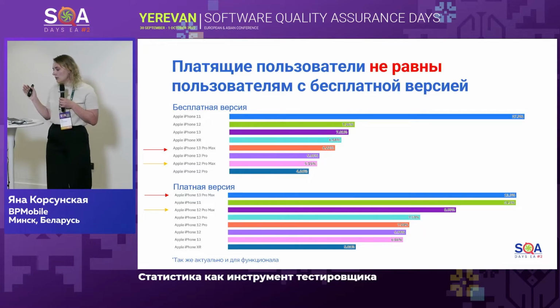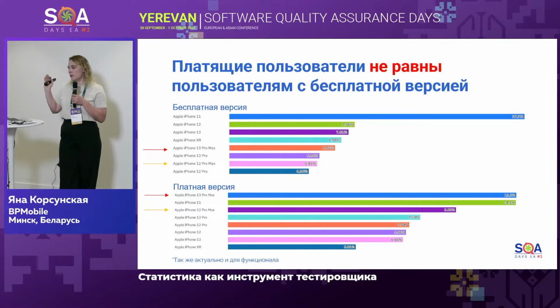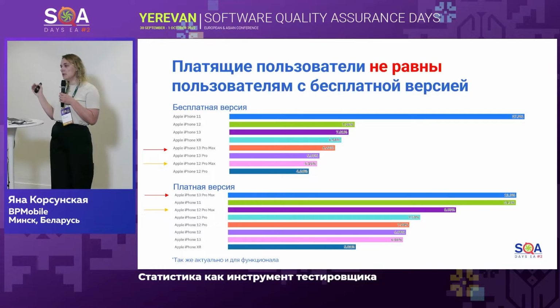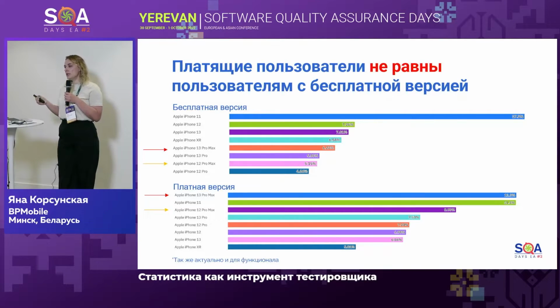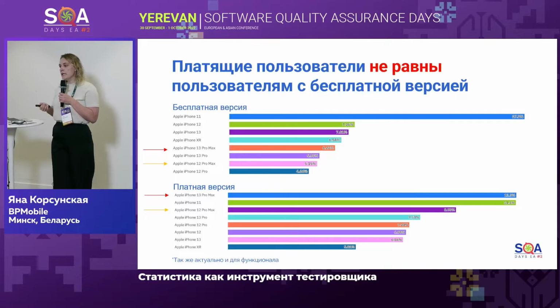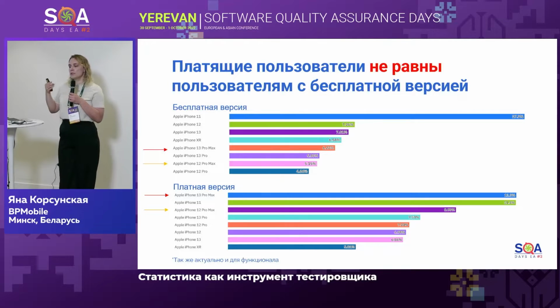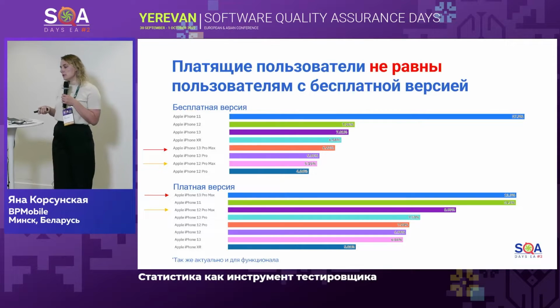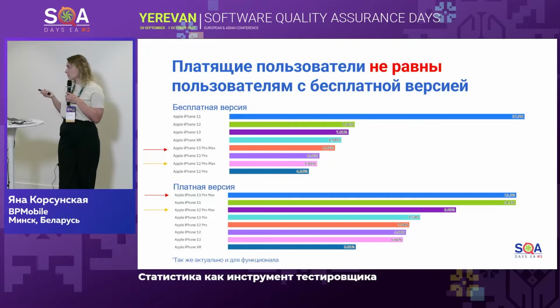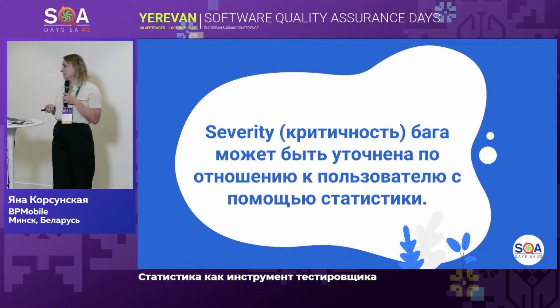And secondly, comparing the screen sizes of the iPhone 11, 12, and 13 with those of Pro and Max, we'll see that the screen is bigger, which means that more users will be working with a bigger screen. Consequently, it needs to be considered when testing the user interface and exploring the usability experience in order to avoid any problems.